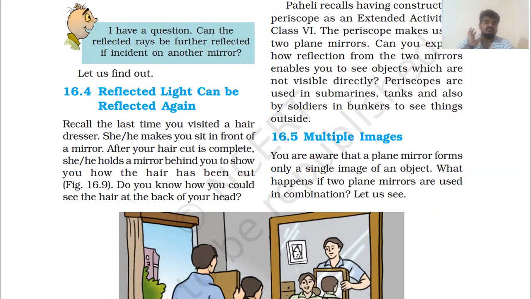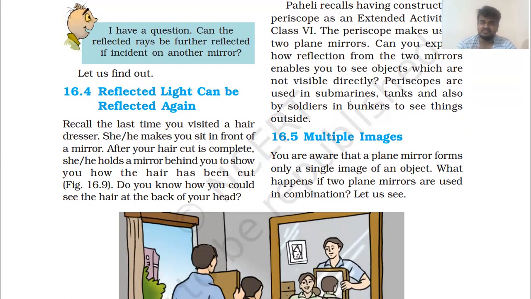The image of your hair is reflected in the mirror held by the hairdresser, and from that mirror the image is reflected into your eyes with the help of the mirror in front of you. Is that clear?